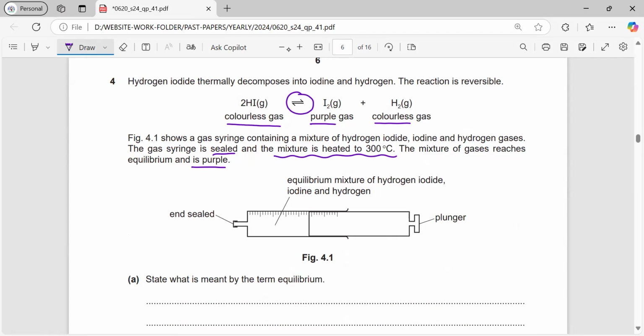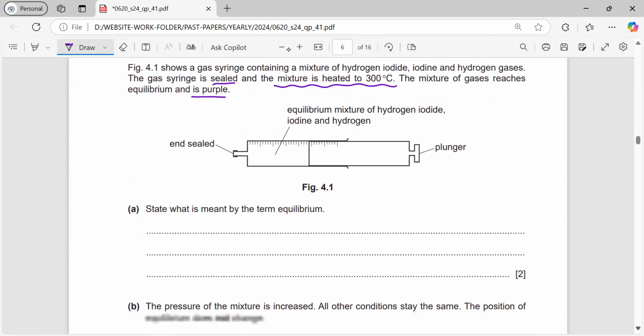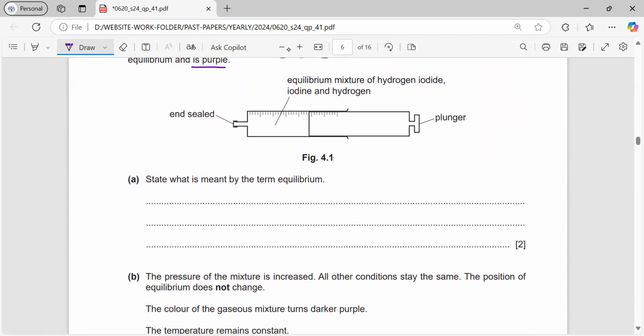What is meant by the term equilibrium? For the definition of equilibrium, we have to mention two things. First of all, we'll say a reversible reaction is in equilibrium when, now we'll write the two points.